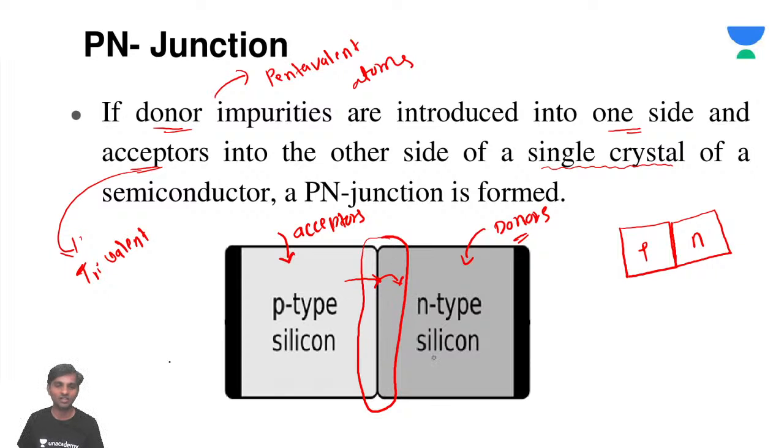That is why it is called a junction. Since it is formed between p-type and n-type, it is called a PN junction. Is that clear? It is called a PN junction because the junction is formed between p-type material and n-type material in a single crystal.